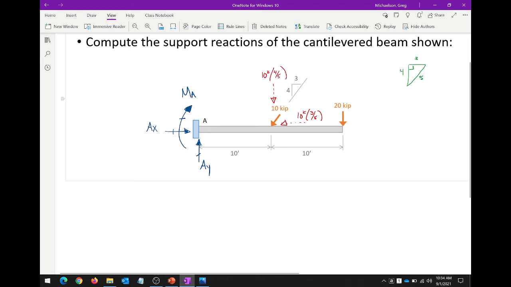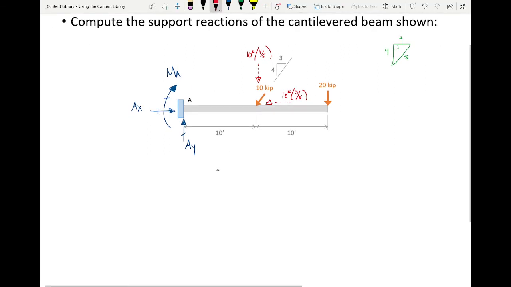All right, so if I sum forces in the X direction, just everything to the left and everything to the right. So I get AX to the right, 10 kips times 3/5 to the left.